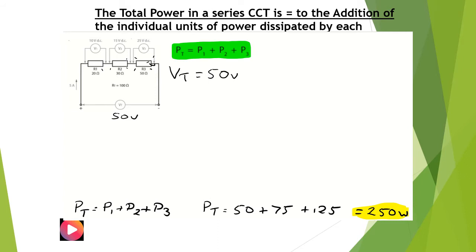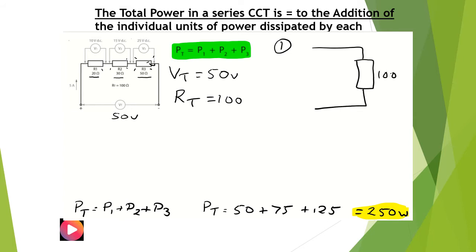If we calculate RT, as we covered earlier, RT is simply the addition of a 20 ohm resistor, a 30 ohm resistor and a 50 ohm resistor. So 20 plus 30 is 50, plus 50 is 100 ohms. We could redraw this circuit as a 100 ohm resistor. We are given 5 amps flowing through this resistor, and we calculated previously that we had 50 volts across that resistor.